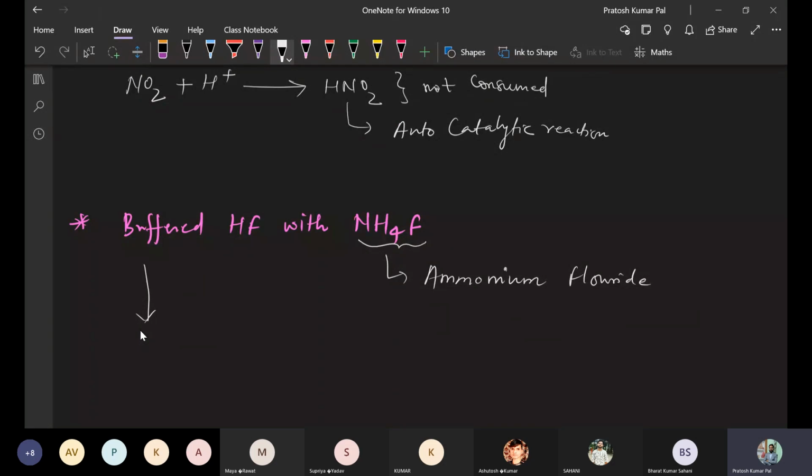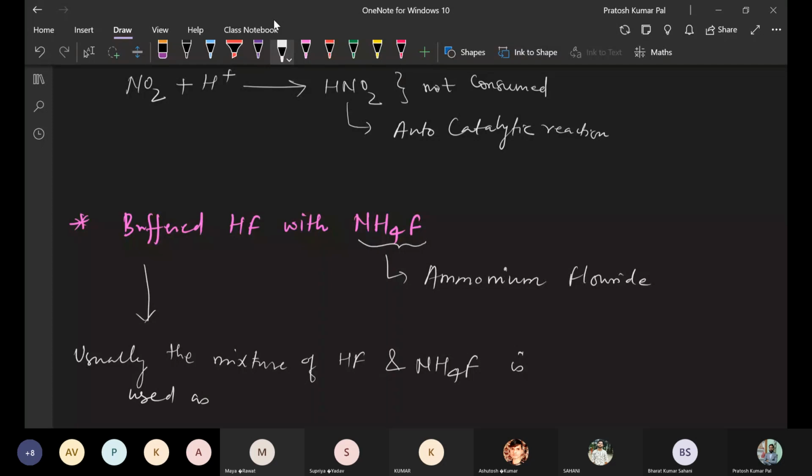Okay, so usually the mixture of HF and NH4F is used as a common etchant for SiO2.